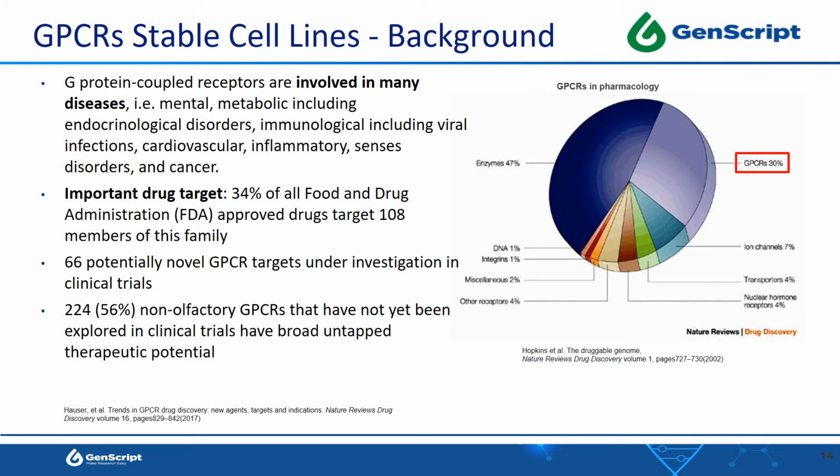As you can see, they are very important drug targets. 34% of all FDA-approved drugs actually target 108 members of this family. 66 potential novel GPCR targets have entered investigation in clinical trials. And there are still 224 non-olfactory GPCRs that have not yet been explored in clinical trials, and they still have broad untapped therapeutic potential.